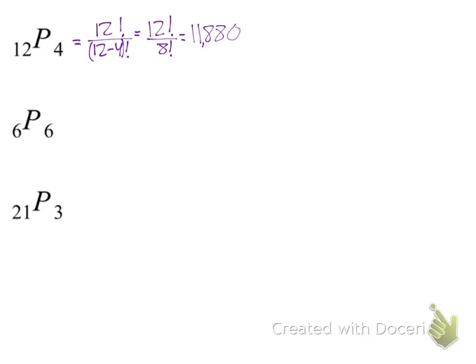This next one will be 6 factorial over 6 minus 6 factorial. Wait a minute, Mr. Konchak, that's 6 factorial over 0 factorial. I can't divide by 0. Oh my god. What's 0 factorial, guys? It's 1.